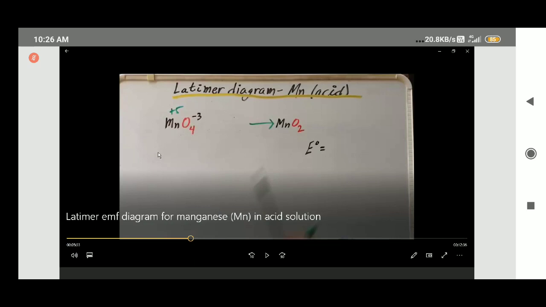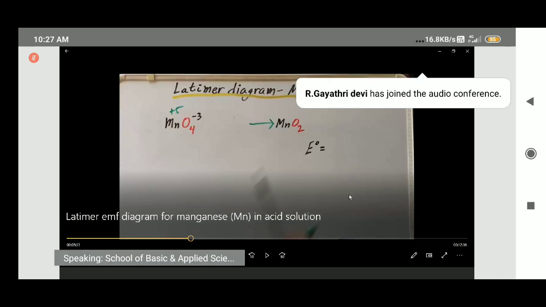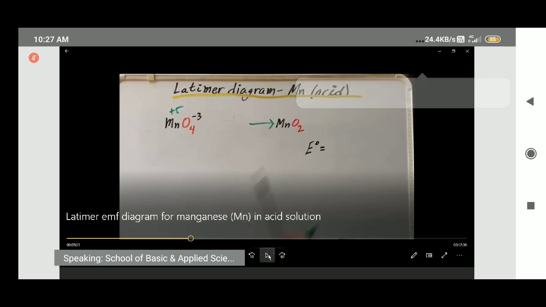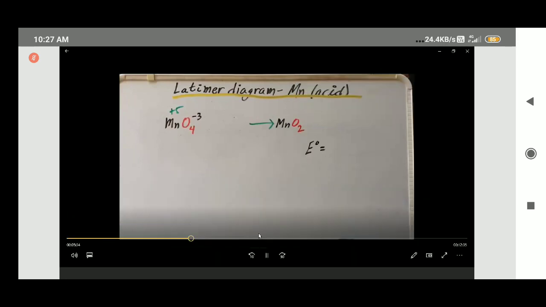Let us say Mn is X, which has some oxidation number: X plus 4 times -2 is equal to -3. The -3 is satisfied by -8, so the unsatisfied part, if you take this 8 to the other side, -3 plus 8, becomes +5. You already studied this in 12th standard very well.